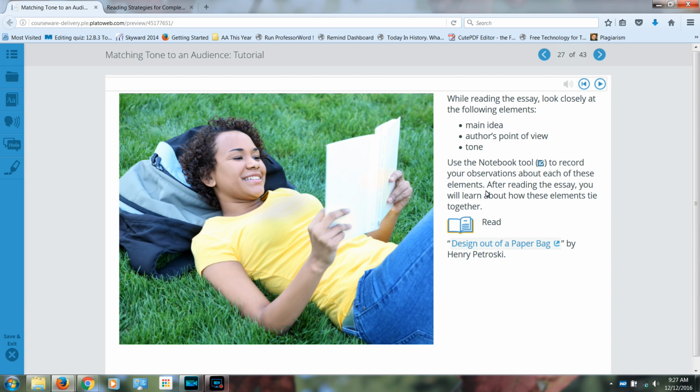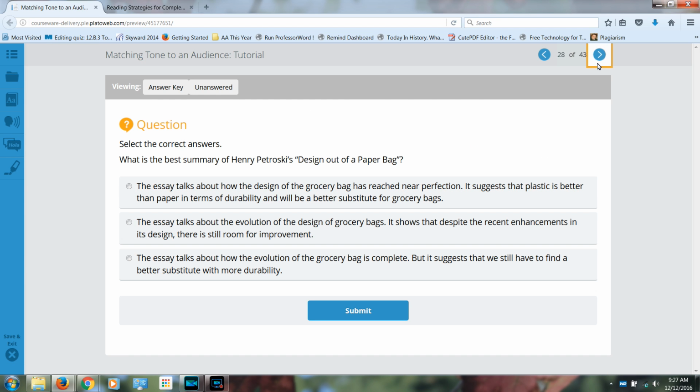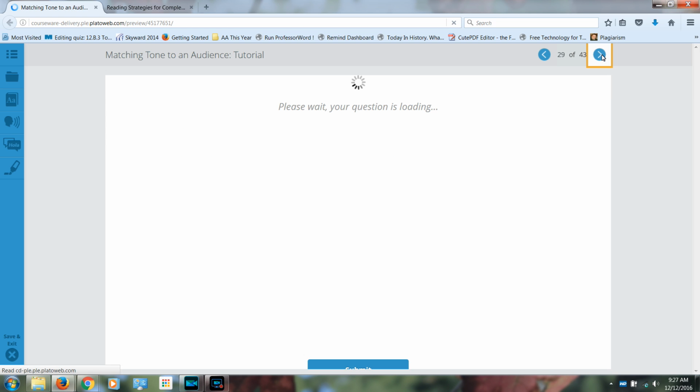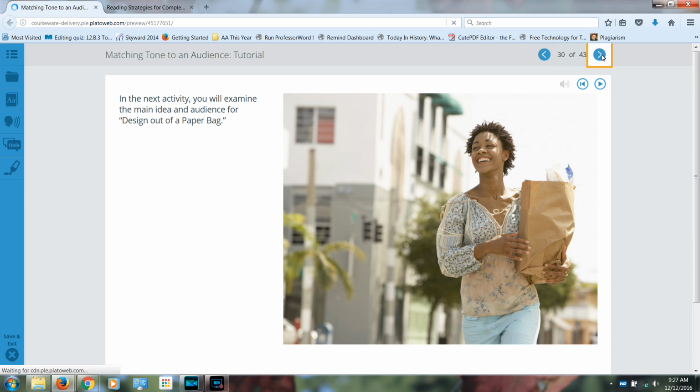Okay, now here's Design Out of a Paper Bag. Read this story, and then once you have completed it, you'll have these questions to talk about. And you have a couple different questions. Main idea and audience. In the next activity, we will examine the main idea and audience for Design Out of a Paper Bag.